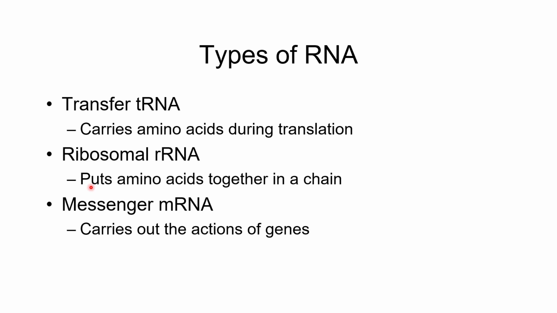So ribosomes are rRNAs, and they put amino acid chains together to form proteins. And finally, we can have messenger RNAs, or mRNA. These carry out the actions of a gene. These are the actual coded genes that will make proteins, our mRNAs.